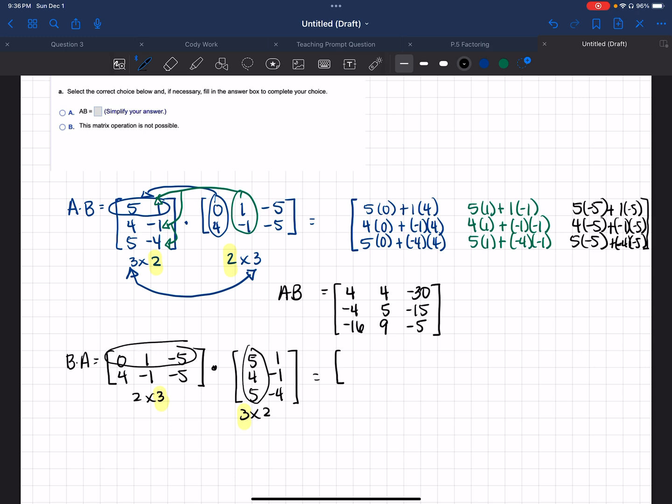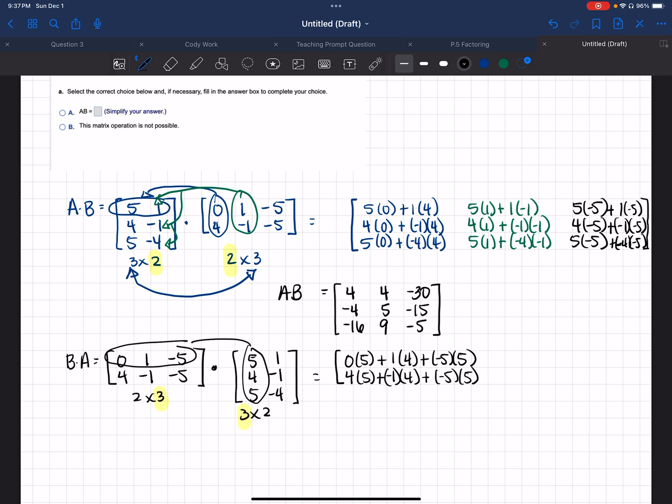So we're going to start off. I'm going to take that first row and multiply it times the first column. That's 0 times 5 plus 1 times 4 plus negative 5 times 5. Now let's take that first column of the second matrix and multiply it times row 2. So 4 times 5 plus negative 1 times 4 plus negative 5 times 5.